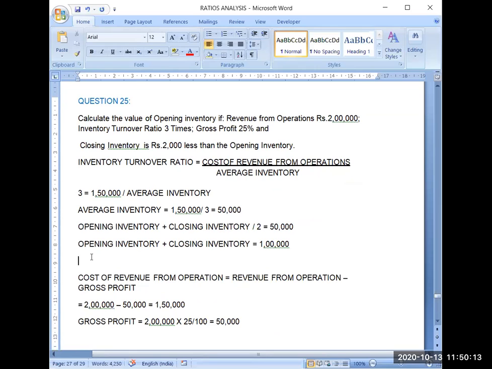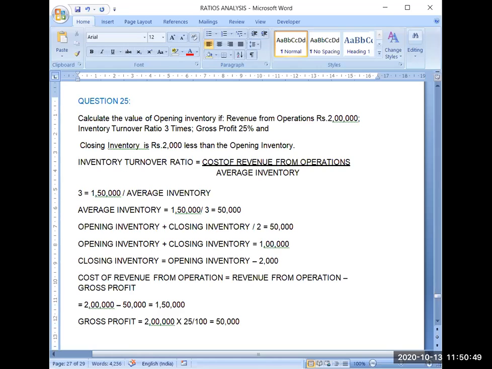First is given closing inventory is equal to rupees 2,000 less than the opening inventory. So it means if I subtract 2,000 from the opening inventory, minus 2,000, then actually I will be getting closing inventory.